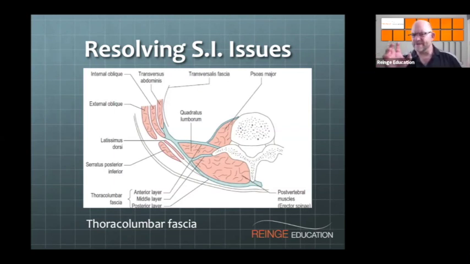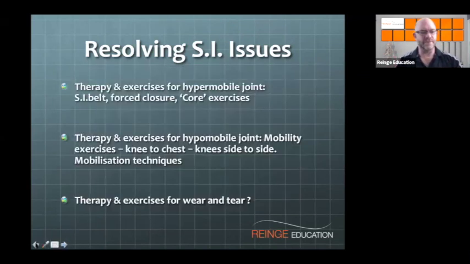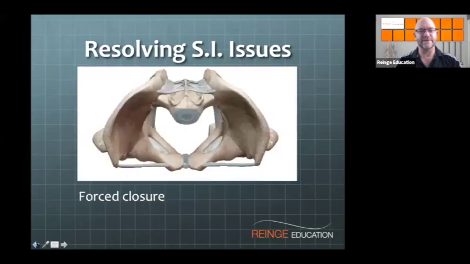Suddenly, if all the back muscles are very tight, but the muscles around the abdomen and the obliques and the ribs are very weak at the front, well, then we're going to get a problem. We're going to get exactly what I pointed out. We're going to get the joint being forced closed at the back, stretched open at the front, and that's going to hurt, basically.